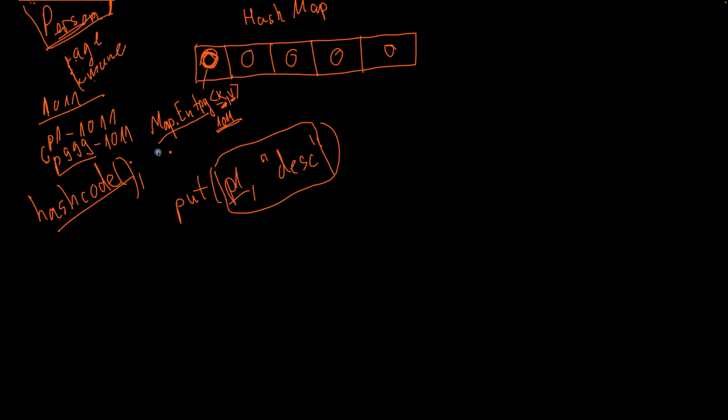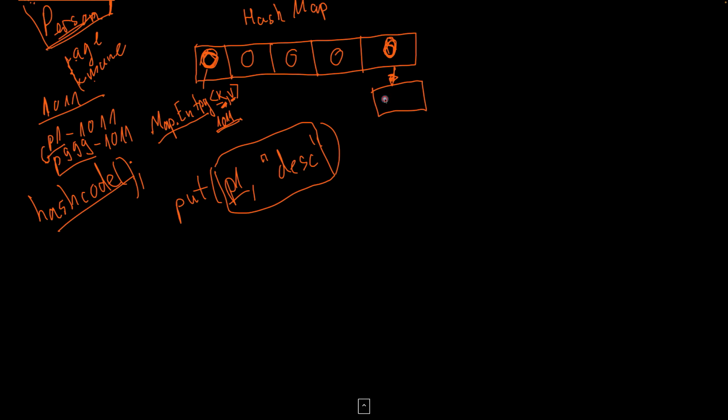Imagine they are stored in this bucket, and we have one map entry here already for person1, and a linked list will be created for storing the second value.